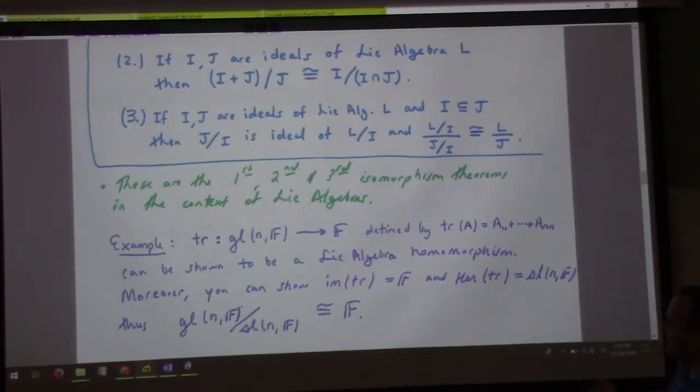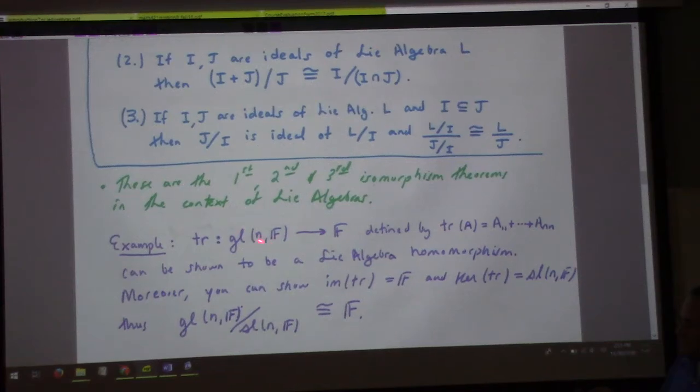And the trace gives us an example of a Lie algebra homomorphism. You can prove this, all right? So the trace goes from the general linear algebra, gl_n(F), to F. Well, this is just n by n matrices with commutator bracket. And it's easy enough to see that the kernel of the trace map is what? You're sending matrices to 0.